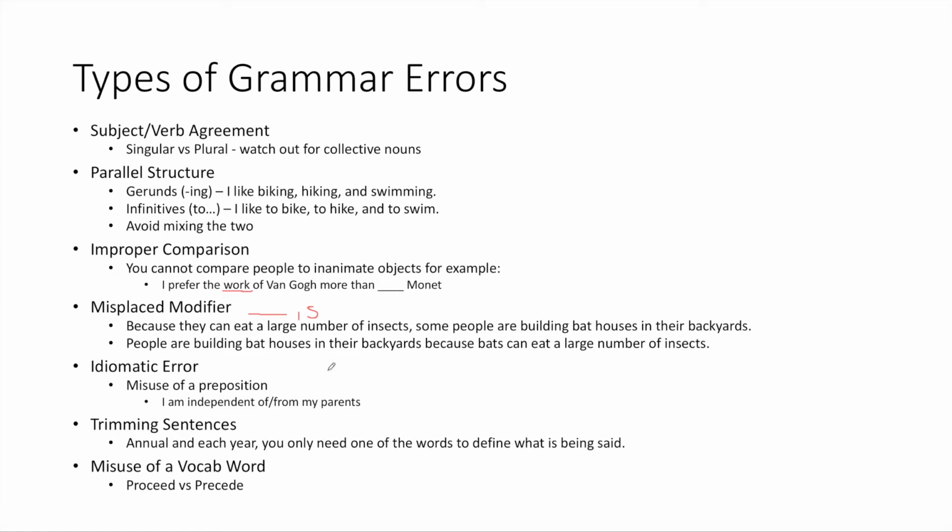One is probably used in sort of your everyday speech, and the other probably sounds a little bit awkward. So if you said from, I am independent from my parents, think about this. Is it the declaration from independence or is it the declaration of independence? It's of. Of, you want to be amongst the independents, right? You don't want to be going away from it.